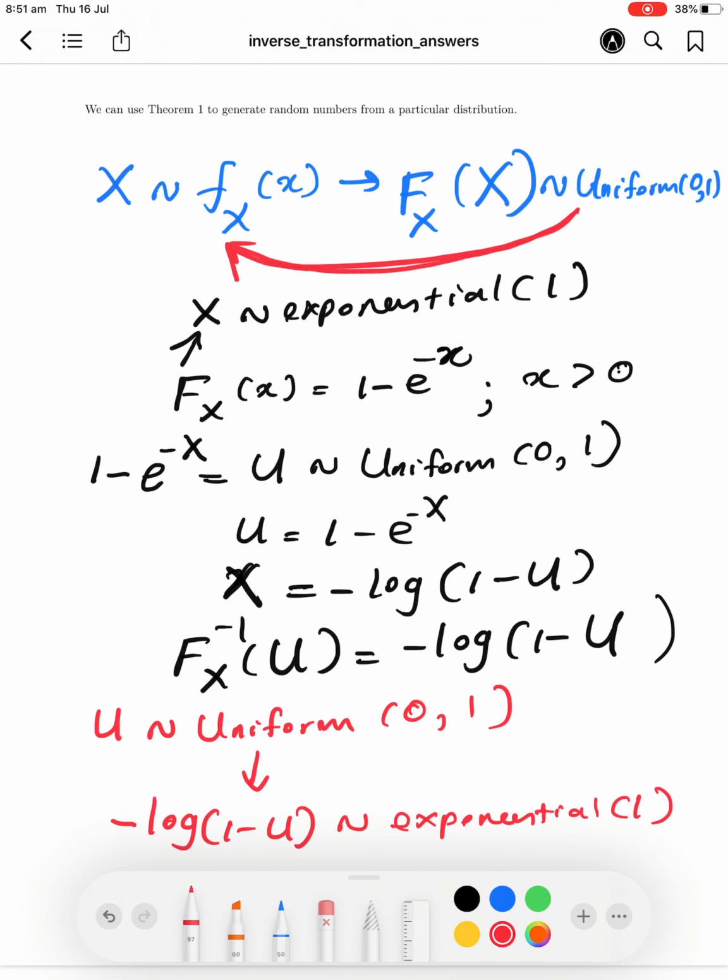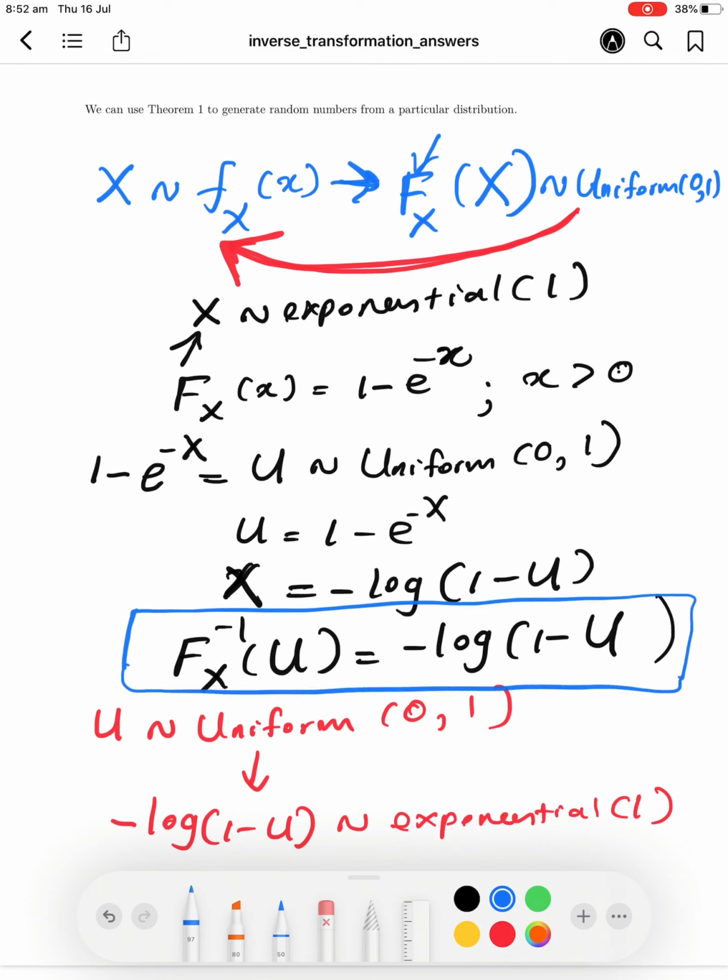This is exactly the other way, the opposite. When we move from here to here, we consider the CDF. Now we are considering the inverse of the CDF, the random variable formed by the inverse of the CDF, that's minus log(1 minus U).